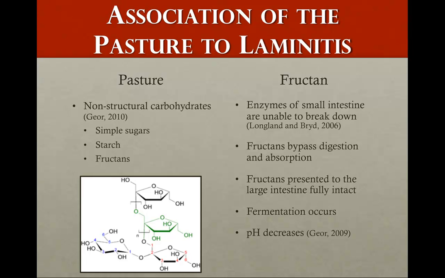Because of this, the fructans bypass digestion and absorption. Because the fructan structures are not broken down, they are presented to the large intestine fully intact. Microbial matter of the large intestine then ferments the intact particles and produces the increased acidic environment that contributes to further problems.